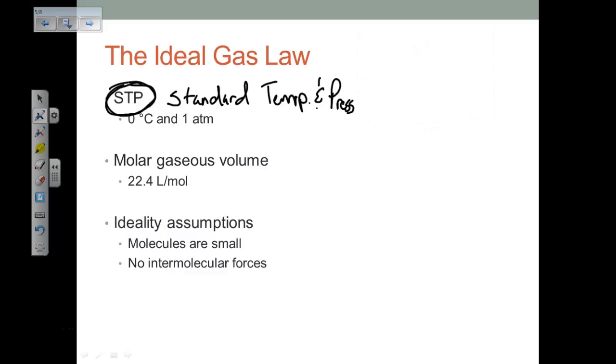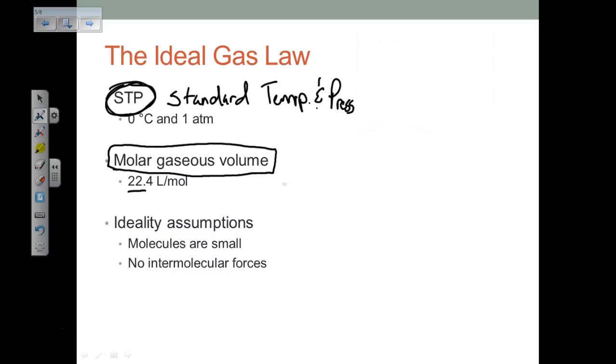And when you have a gas at standard temperature and pressure, we have something called the molar gaseous volume. That means 1 mole of gas has a volume of 22.4 liters for every 1 mole.